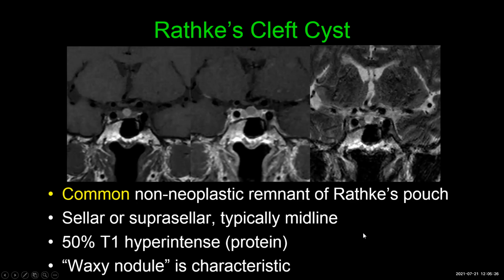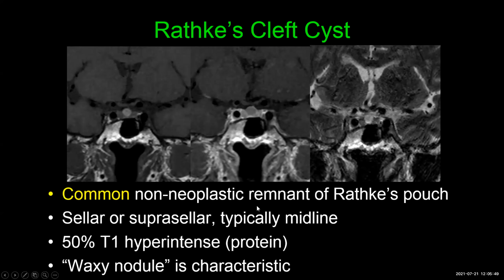Another interesting intrasellar lesion, which is extremely common and present incidentally on a lot of imaging studies, is the Rathke's cleft cyst. So this is a congenital non-tumor remnant of an embryologic structure called Rathke's pouch that lives in the region.